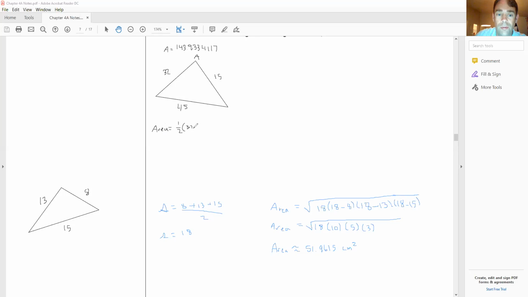So 32, 15, and we had sine of that big ugly thing, 0.9334117.